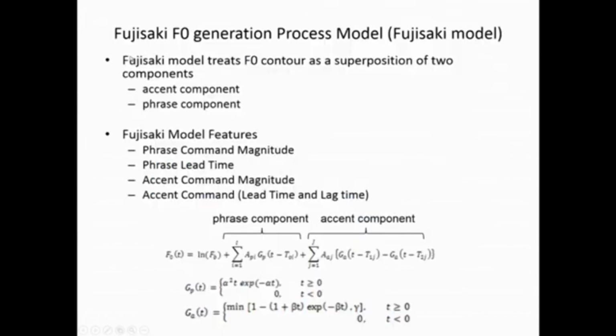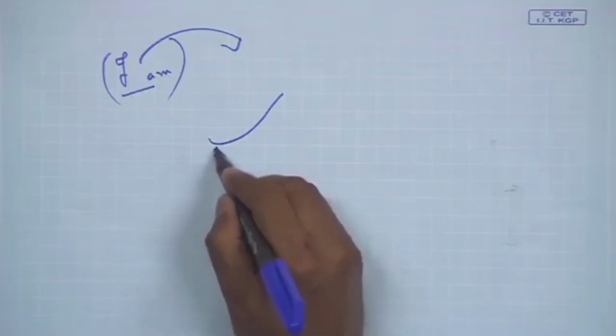In this case, the accent component and phrase component rules have to be generated. If this is the Fujisaki equation, you see the phrase component, and this is the accent component. The phrase component needs magnitude and phrase lead time, if the original phrase boundary is here where it started. So, that lead time is required.